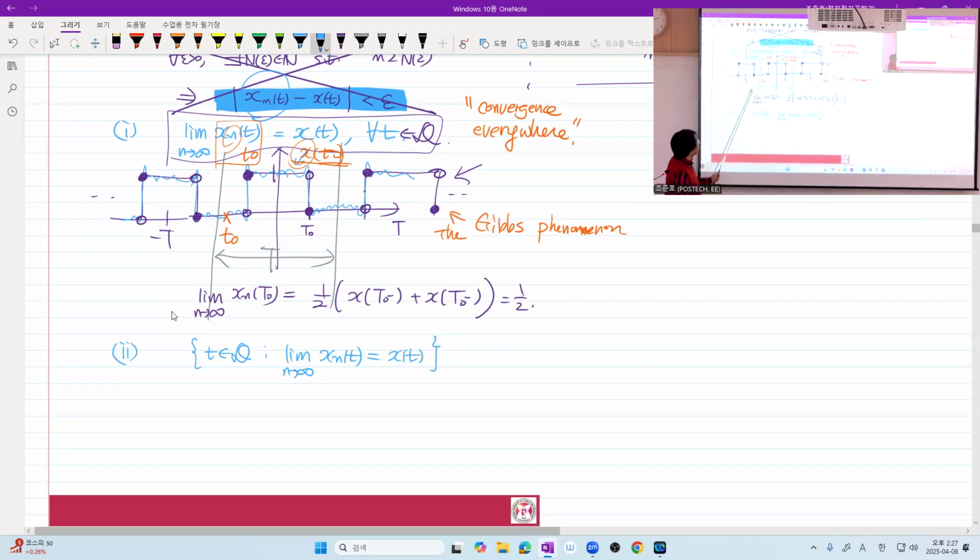So this set does not include these points, right? In this example. And what we want is that the complement of this set has, this part is very confusing, measure 0.